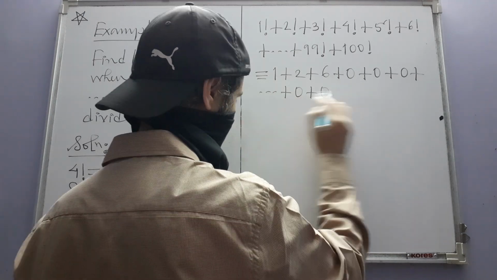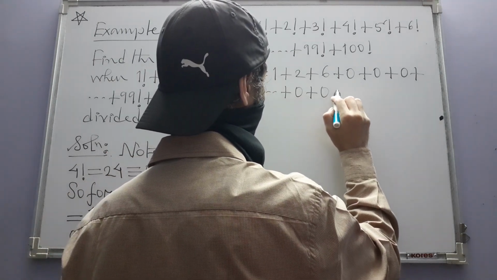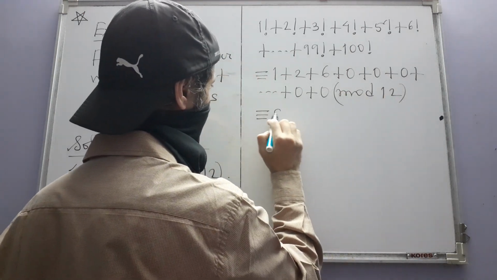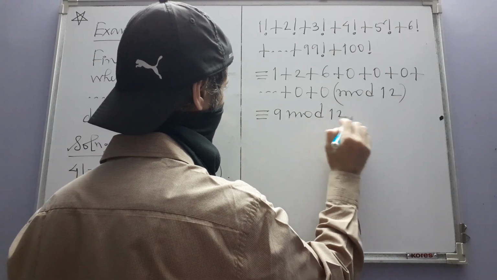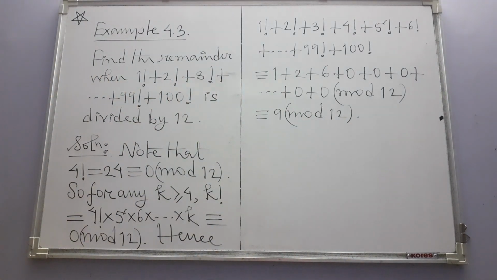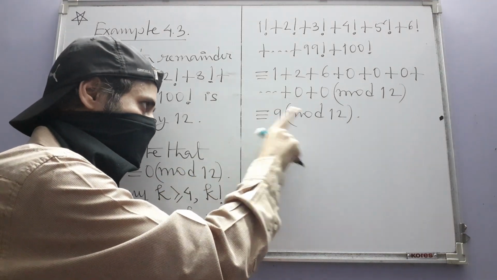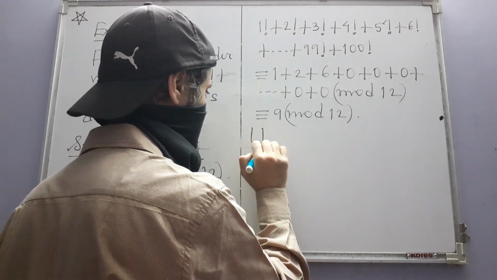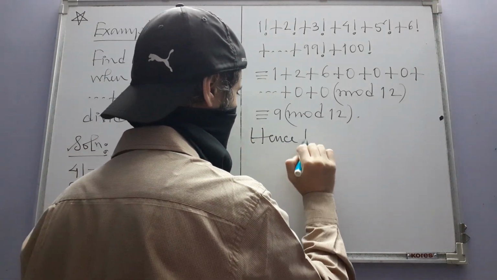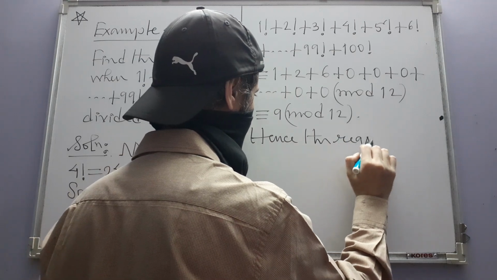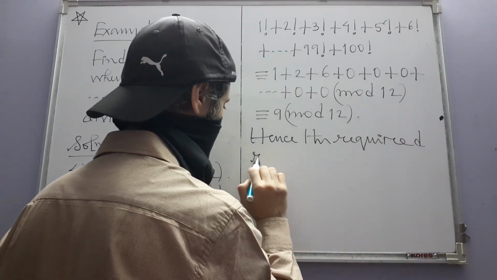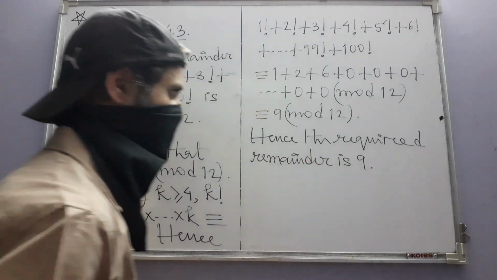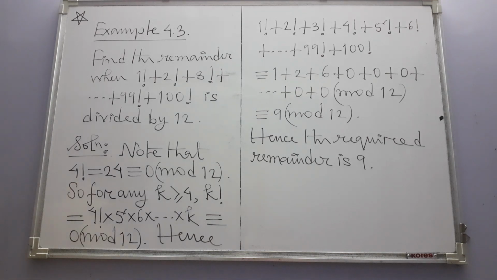So their sum is congruent to this sum. Because 9 is non-negative and less than 12, that means 9 is the remainder. Hence, the required remainder is 9. Do you see how easily this has come out?